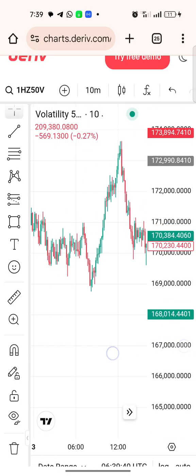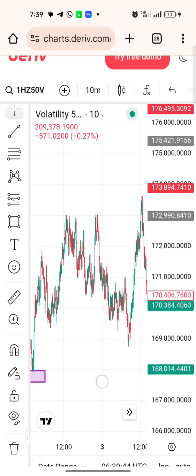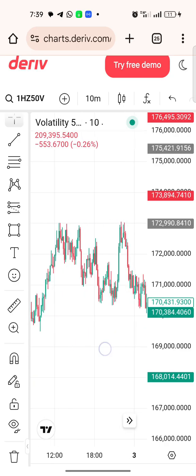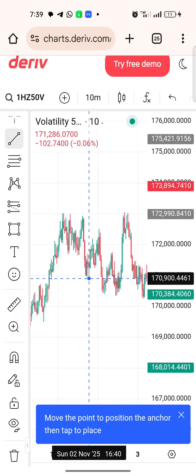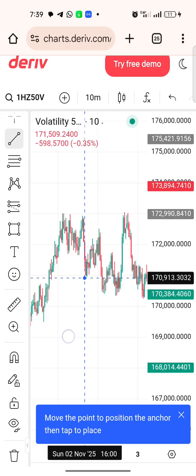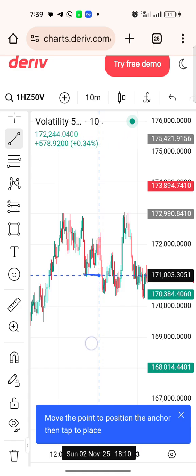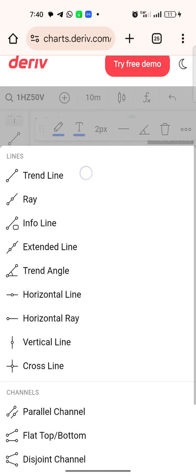Now look at this part of the whole thing now. Look at this place now. At this point, this was a break of structure. Market broke structure here to the downside. This was liquidity.